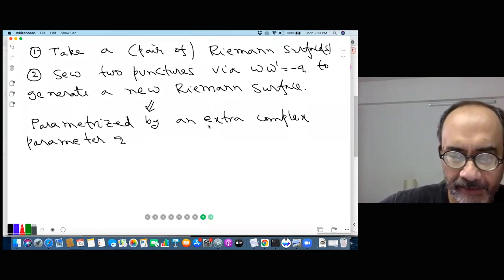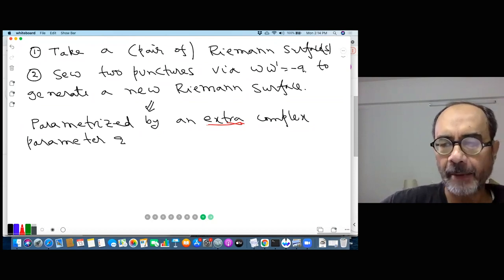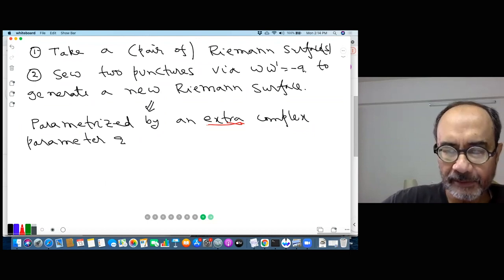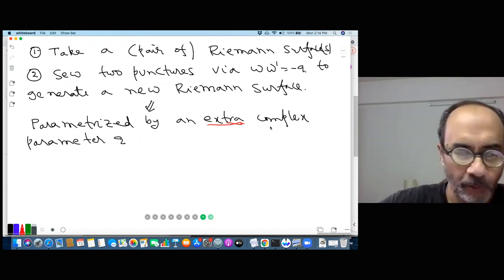Why extra? Because the original Riemann surfaces themselves may have parameters, right? Because typically Riemann surfaces have moduli spaces. So those moduli spaces will come with their own parameters. But when you sew them together, you get an extra parameter, which is this q. Extra complex parameter.